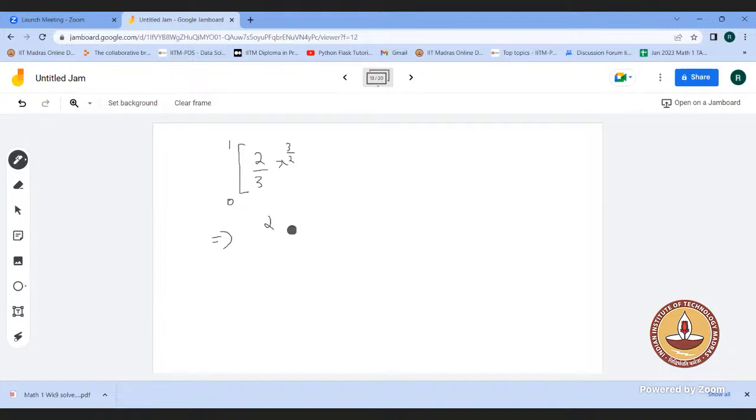This will be 2 by 3 into 1 power 3 by 2 minus 2 by 3 into 0 power 3 by 2, right? So what will this be? 2 by 3 into 1 minus 0, so this will be 2 by 3.